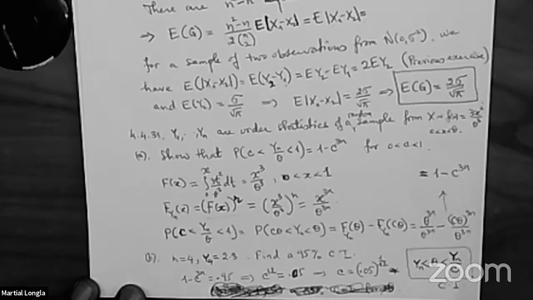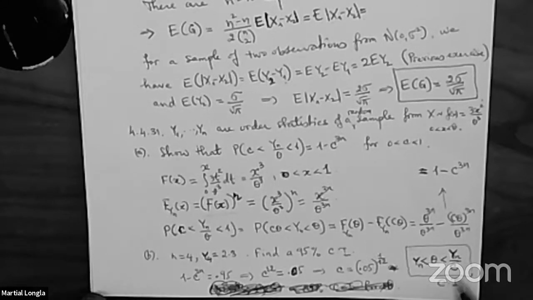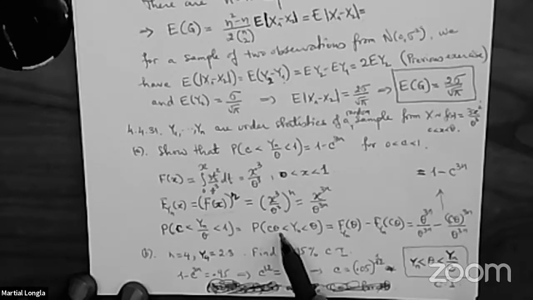And the second part of the question says, take n equals 4, y4 equals 2.3, and find a 95% confidence interval. What that question means is just construct the confidence interval for theta based on the formula that you have here. So you solve for theta, and you find that theta is between yn and yn over c.